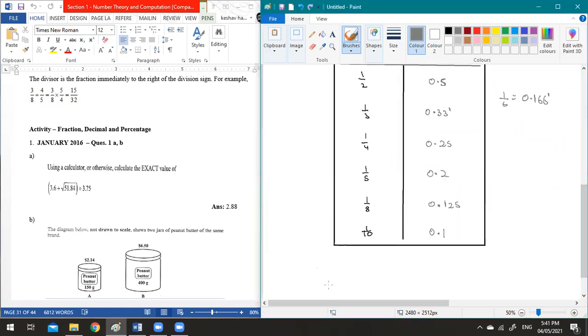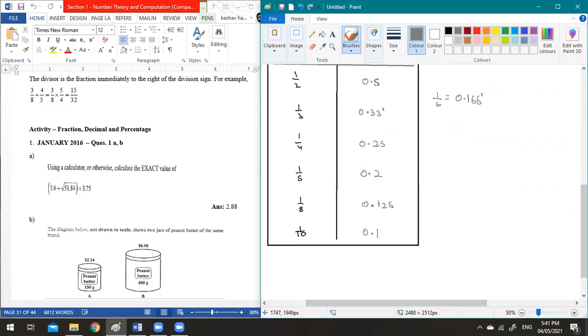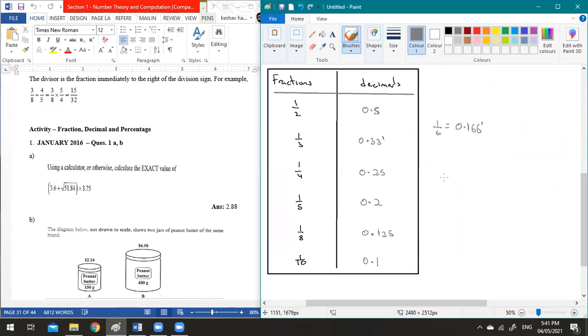So by converted, if we have 2/3, we could say it's 2 times a third, which is 2 times 0.33, and I get 0.66 recurring, right? It's the same thing.